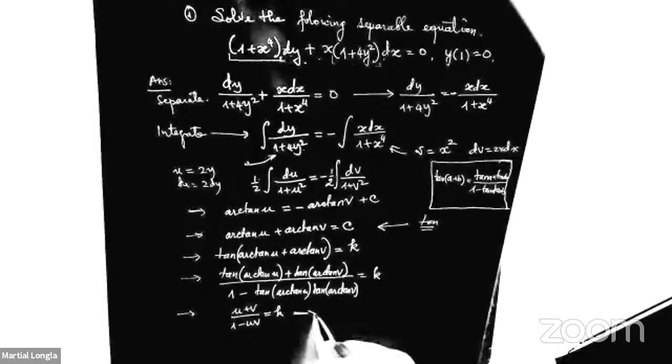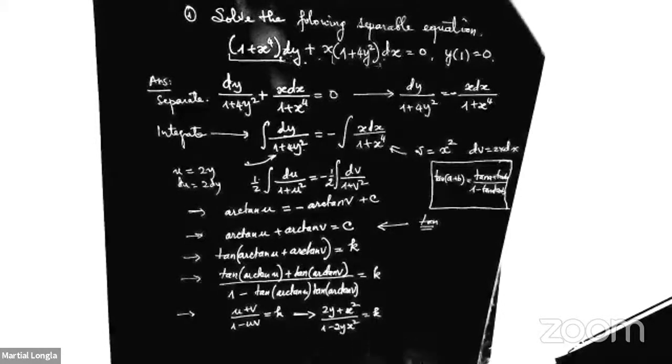Now you can replace u and v by their values. u is 2y, v is x squared: 2y plus x squared over 1 minus 2y x squared equals k.